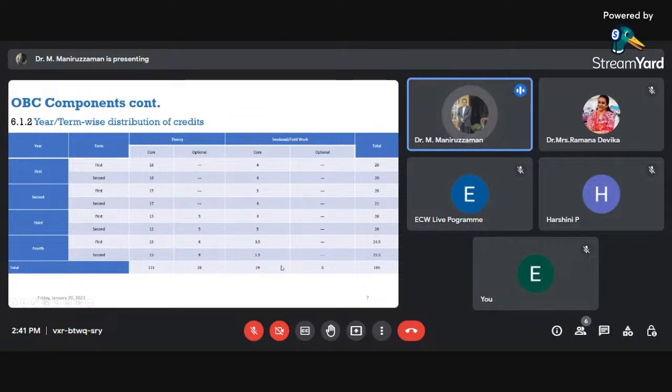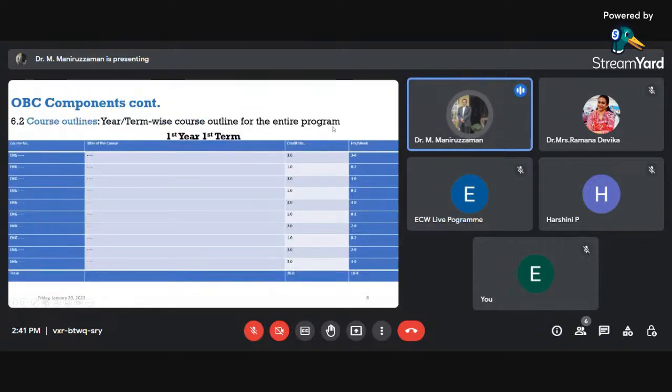And then you see here course outlines, term or year-wise course outline for the entire program. When we are outlining the courses, we have to spell out all the important points here. The first term or semester, there may be 1, 2, 3, 4, 5, 6, 7, 8, 10, 11 courses or less or more courses.